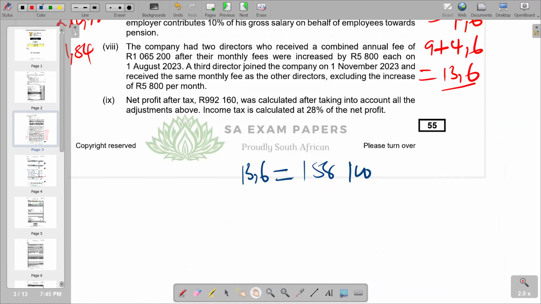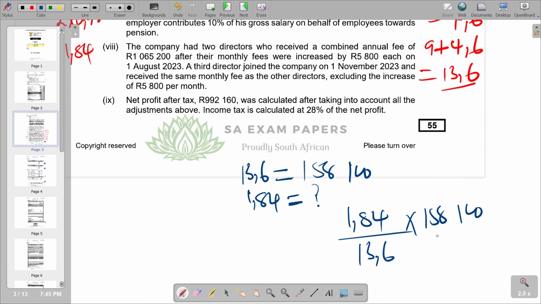So we now make a proportion. What we don't have is the question mark. So we make a simple proportion: 1.84, we divide by 13.6, multiply by 158,100. We get the rent for those 2 months that were received in advance. And remember, we need to subtract that part.